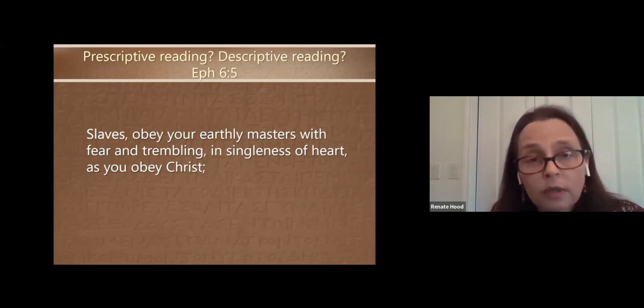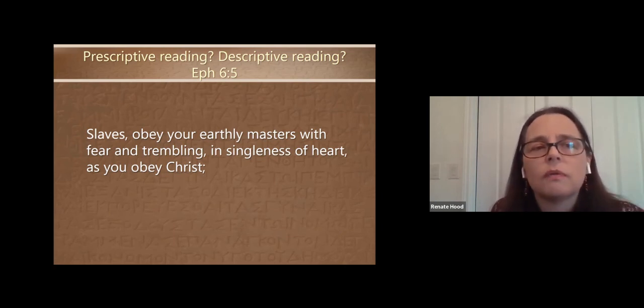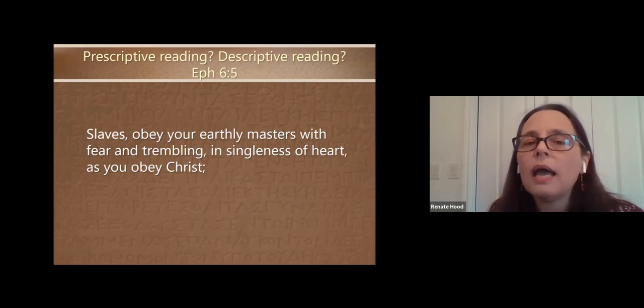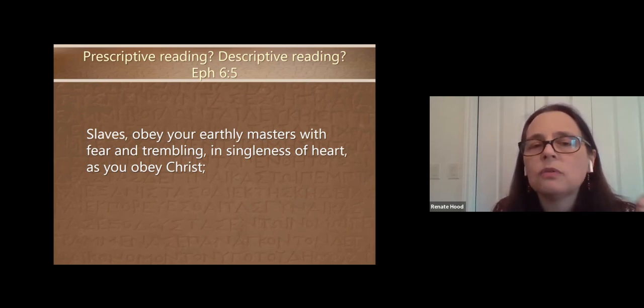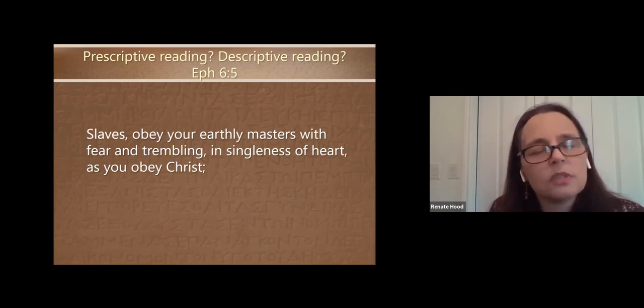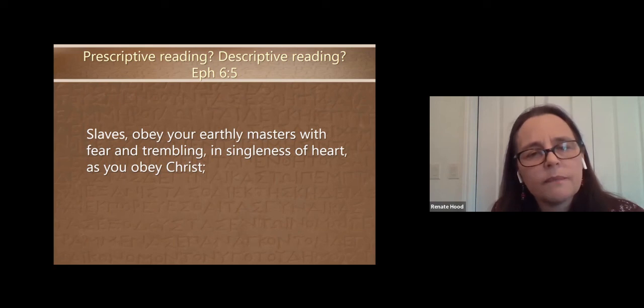Because it's abhorrent. Because it's completely contradicting everything that Jesus stood for. So why is wives submitting to the husband also not contradicting what Jesus stood for? You see where we're going with this?